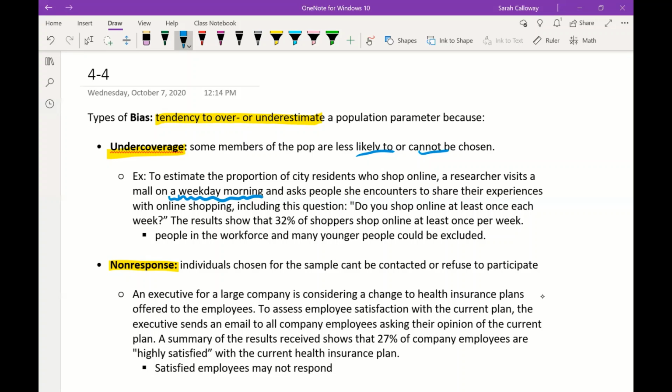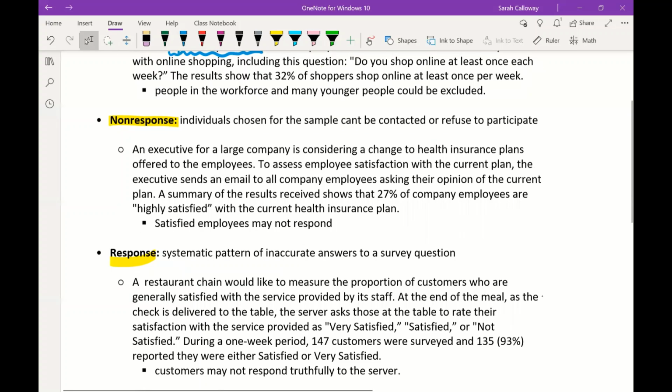So the reason that it's undercoverage bias is that people in the workforce and many younger people, because typically younger people sleep in or might be at work too, school, could be excluded, right? So you want to get a sample that is conducted on different days at different times in order to avoid undercoverage bias.